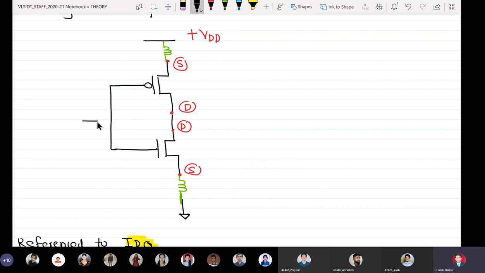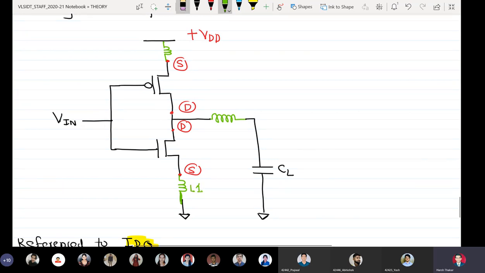Rest remains the same. Vin, and from here I take the output, but here again I am going to draw one more inductance. And the names will be L1, L2, L3.